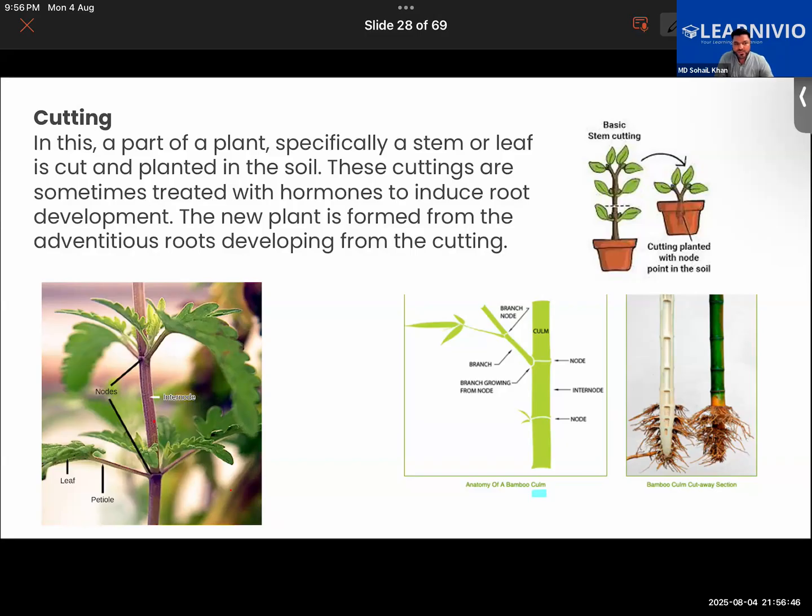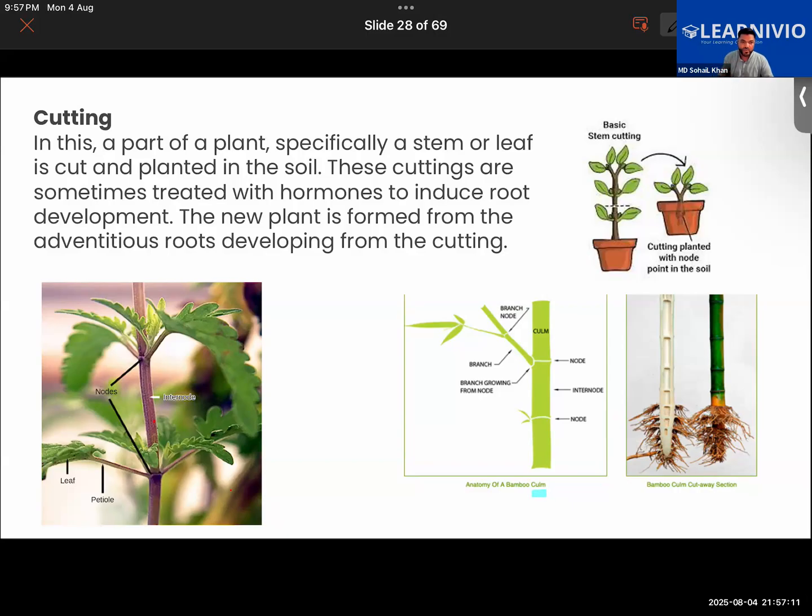Okay, good. There are some plants, like the rose plant or the bamboo plant, and other plants also, of which we can take a cutting of the stem.